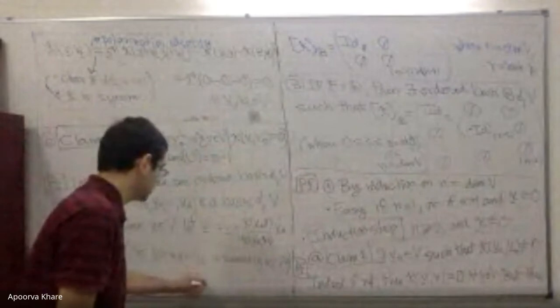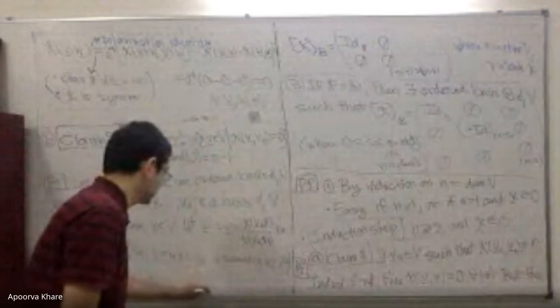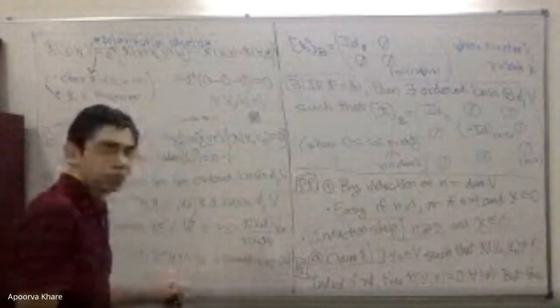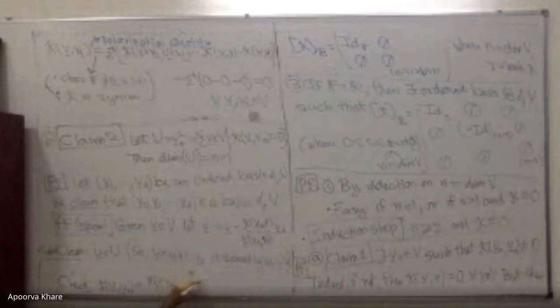Minus kappa over kappa of V naught, V naught, times kappa of V naught, V naught.